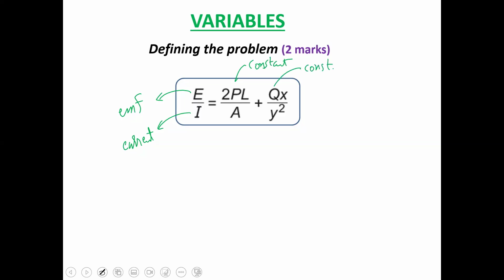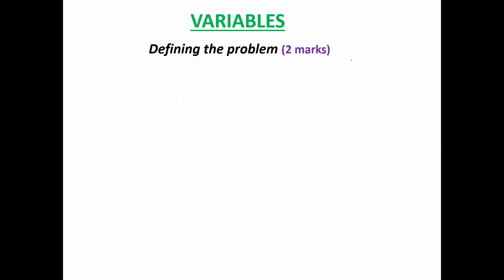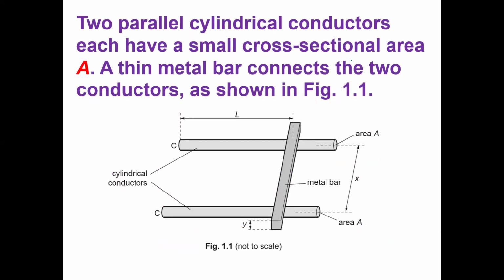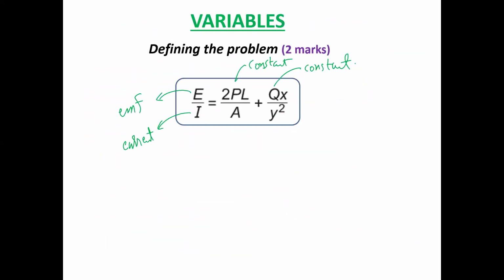Q is a constant. Now, what is capital A? If I go back and I see what is capital A, X, Y, and L, these are the lengths, X, Y, and A. This is a length.